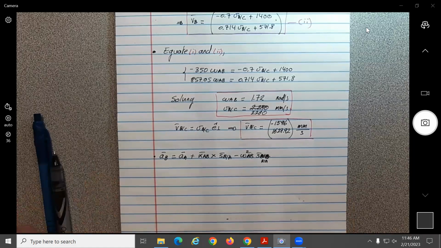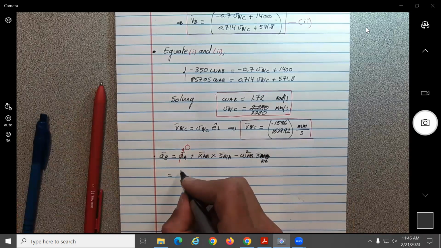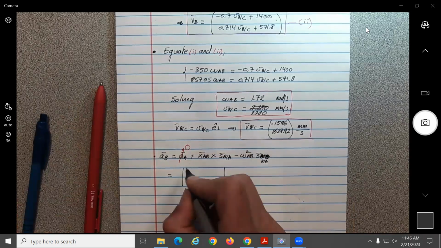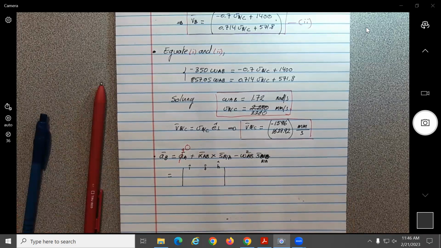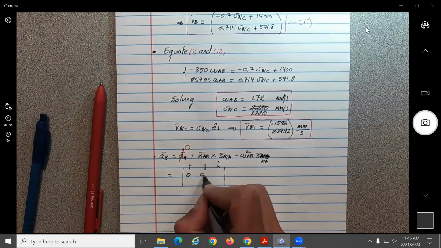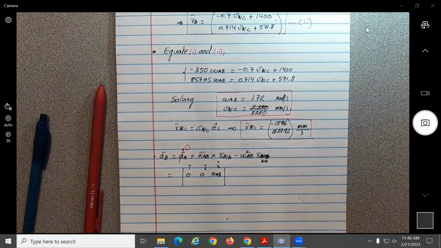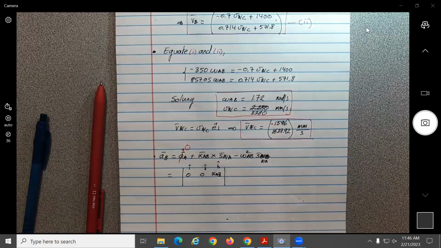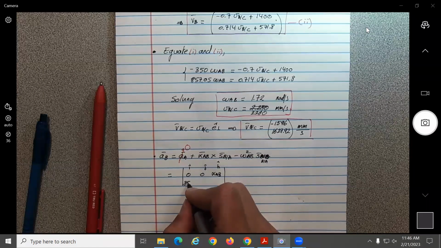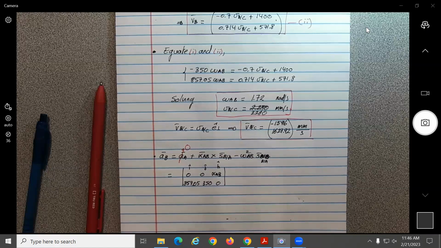Okay, what is acceleration of A? 0, so we first do the tangential acceleration. I, J, K. Do we know alpha AB? No, that's what we need to find on the problem. Now, position of B with respect to A, we can use the one that we had before, no? So 857.05, 350, and 0.